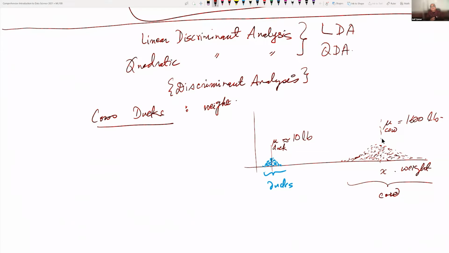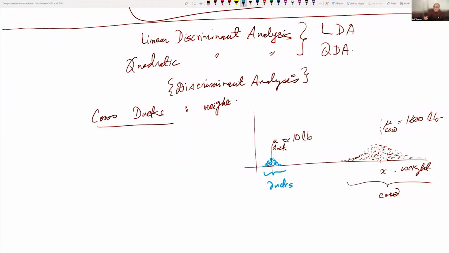So what happens is these two have vastly different weights. The mean of their weights are here. Also, the duck's weight varies in a pretty small band. A newborn duck maybe 3 or 4 pounds, maybe 2 pounds, tiny little duck, and may grow up to, let's say, 20 pounds. I don't know if a duck is ever 20 pounds, but let's make a guess.